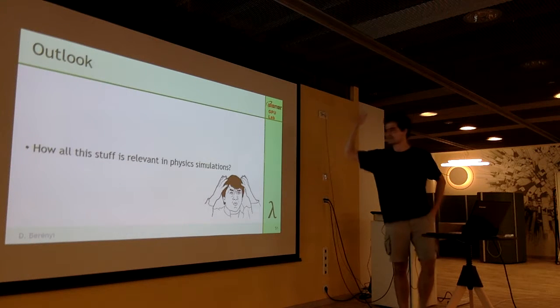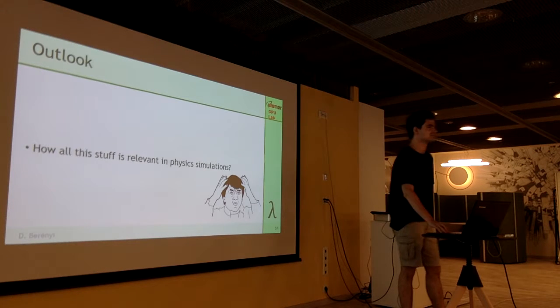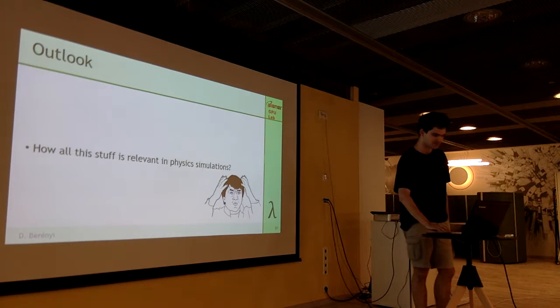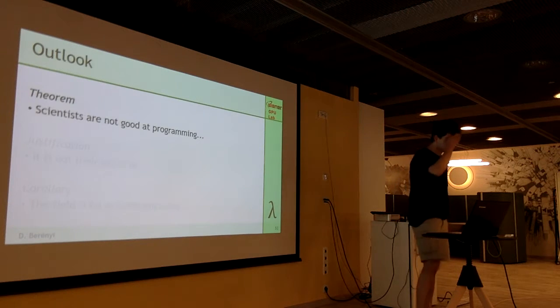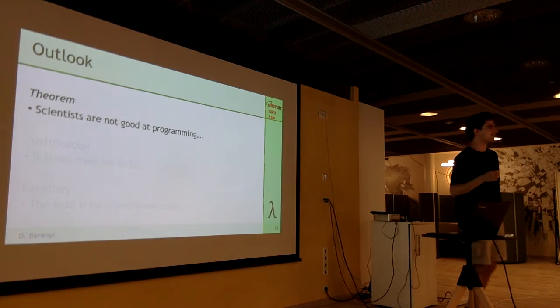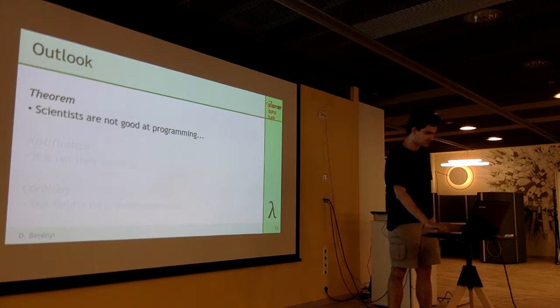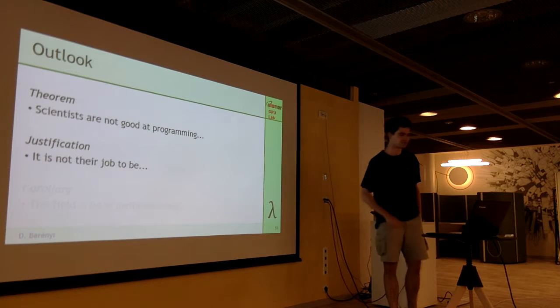So how is all this relevant to physics simulations, because it's just theory and computer programming and whatever. There is a theorem: scientists are not good at programming. It is not so fortunate, but there's a justification, because it is not their job.